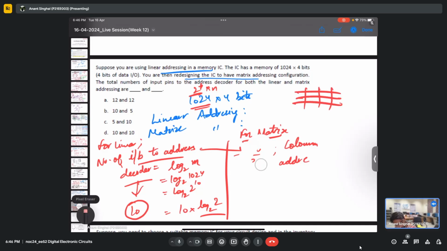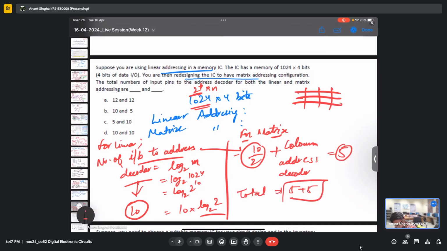Whatever rows we have, we need to have certain columns also. So we will again have 5, so the total will be 5 plus 5, that is again 10. So in short, whatever we got for linear will be similar for matrix. So the answer will be 10, and this is again 10. So option D is the correct answer. Is it clear?